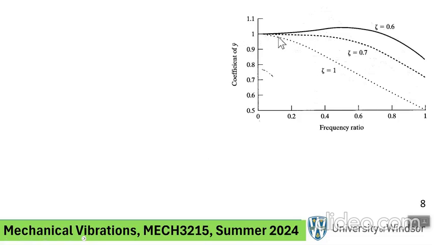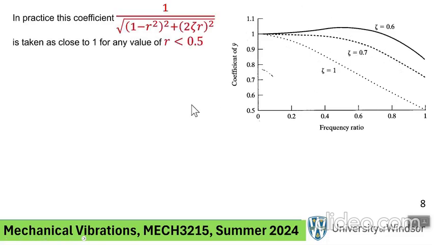In other words, that magnification constant, 1 over the root of 1 minus r squared squared plus the damping term, is very close to 1. So 0.7 is the optimum level of damping in an accelerometer, okay? So this proportionality coefficient is very close to the value of 1.